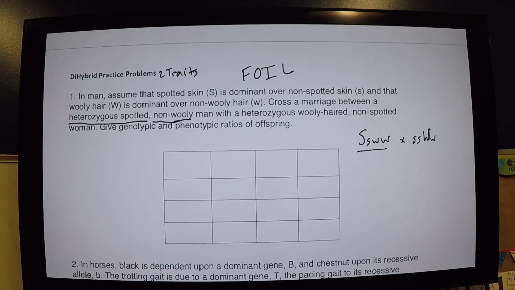So now we're going to FOIL these out, which just means you take the first, outer, inner, and the last. So when I do that, I'm going to take the first one of each. So I take those, and that gives me big S, little w. I then take the outer ones.